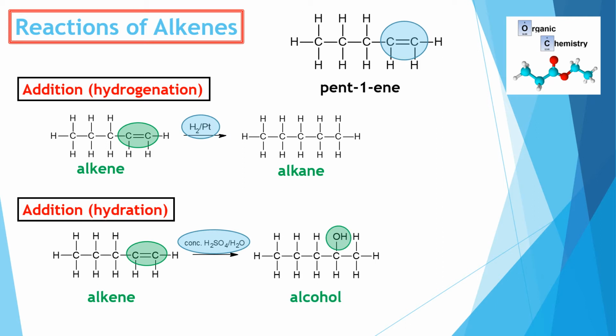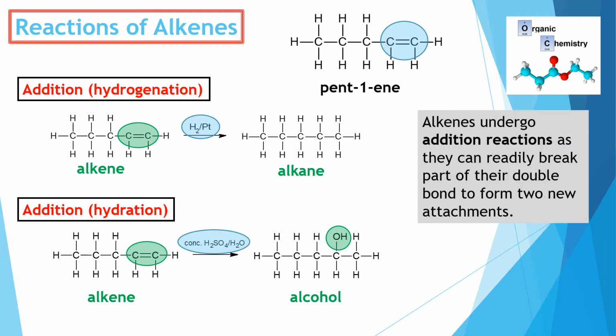So a hydrogen gets added to one side and a hydroxyl group gets added to the other. So therefore, when they undergo addition reactions, they can break the double bond and form 2 new attachments.